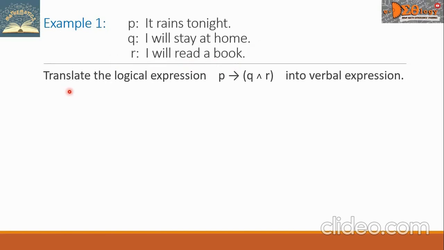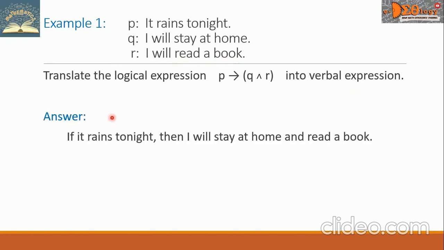The instruction is to translate the logical expression P implies the compound proposition Q and R into a verbal expression. The answer is, if it rains tonight, then I will stay at home and read a book.